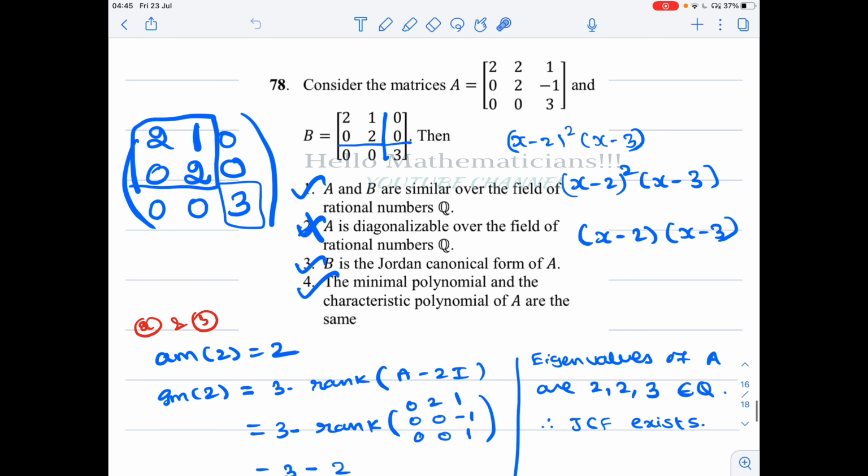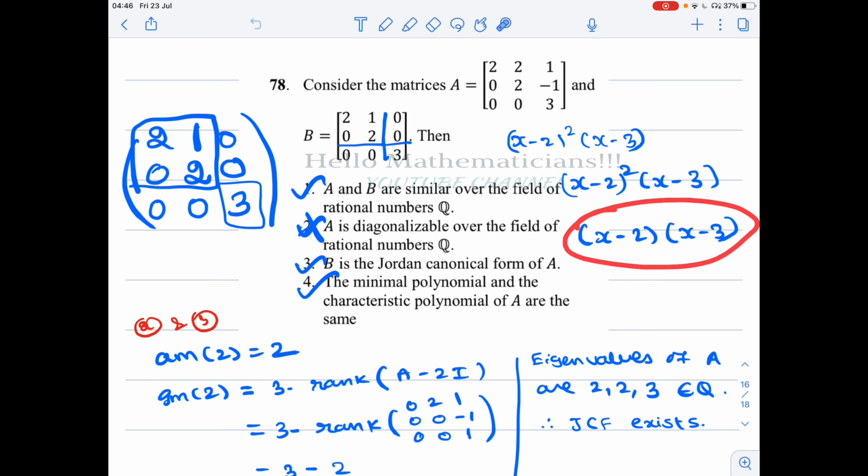Now, for the last option, this is the characteristic polynomial. So then what are the possible minimal polynomials? In the minimal polynomial, all these factors should appear. Therefore, these are the only two possibilities. That means either this is the minimal polynomial or this is the minimal polynomial.